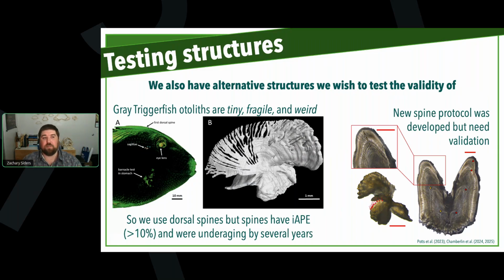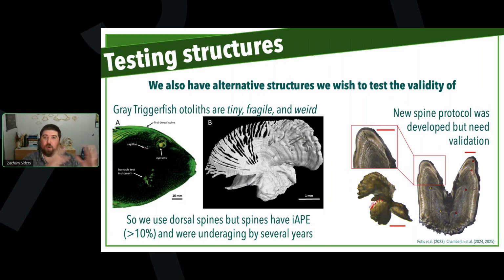In the case of gray triggerfish, the maximum age that we were seeing in the fishery historically was about age 10 or 12. And then that got bumped up to about age 15 or so with a new spine method that was developed after this OTC marking technique. And so that really shifts the age composition, and really shifts our understanding about their life history as a result.